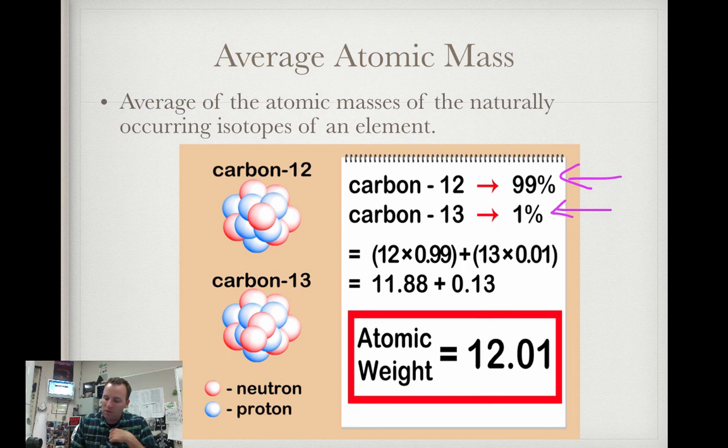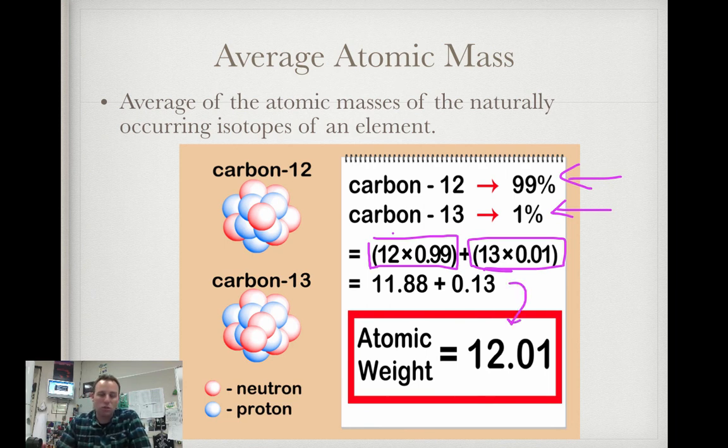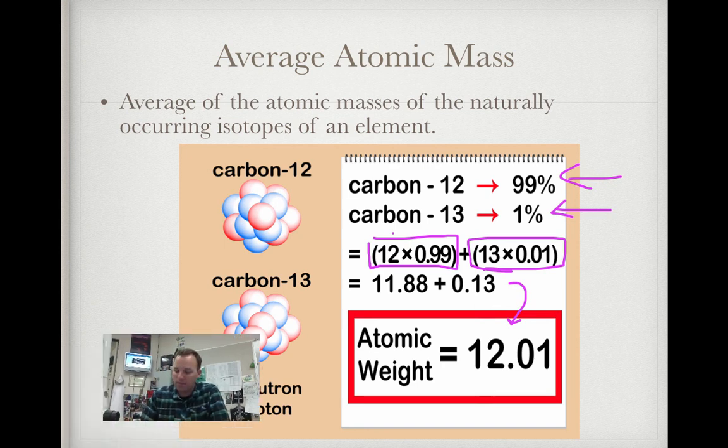So the way you figure out the weighted average is you take the mass and multiply it by the percent, and notice they've changed the percentage into a decimal, and you add that to the other mass multiplied by the percent that it corresponds to. So 13 is with 1%, 12 is with 99%. You add those two together and you get the average atomic mass, which would go on the periodic table. This is how all of those numbers are figured out.